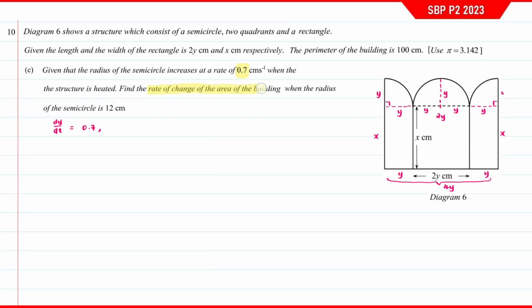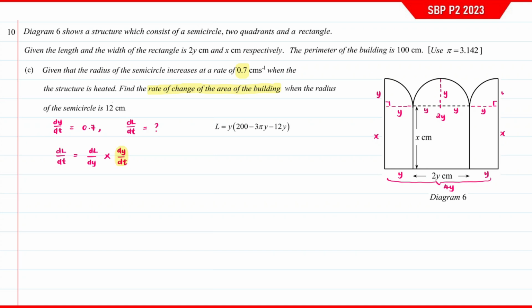The rate of change of the area of the building, this will be the dL/dt. So we're going to solve this question using the chain rule. So based on the equation given in 10a, the chain rule will be dL/dt equal to dL/dy times dy/dt.